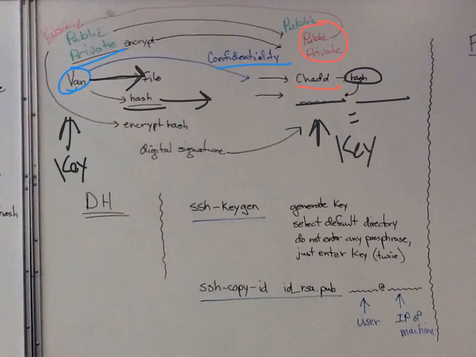Now, if we can't do that and send a pre-shared key, well then we will do some things like use a key pair, public and private key pair. So what Chad can do, he can send his public key to Van. Van can use that key to do the encryption.